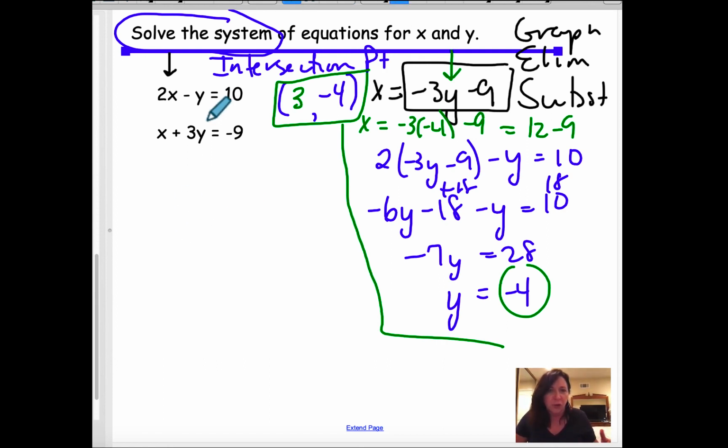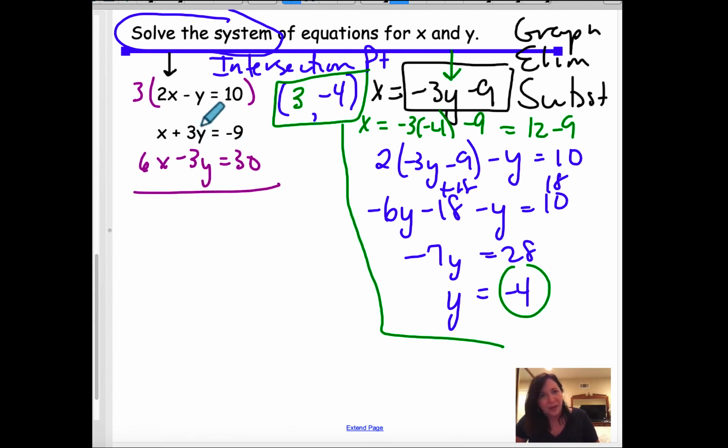Okay, now the only thing that I want to do right here, just for fun and just for a little bit of review, is solve this by elimination. And in doing that, just very quickly, I would multiply the top equation by 3, because I already have the bottom as positive 3, and then when I multiply the top by 3, that's going to be a negative. So distributing, I get 6x, 3 times negative y is negative 3y, and that's 30.